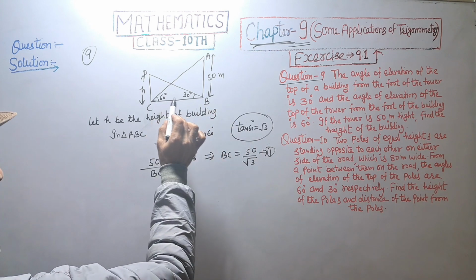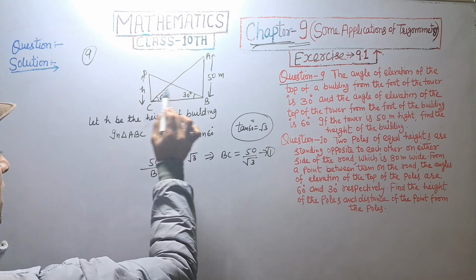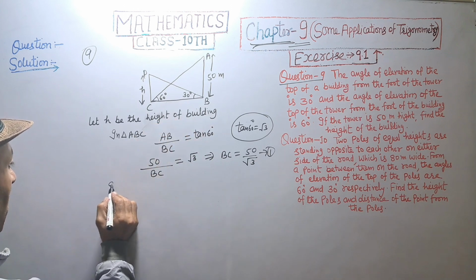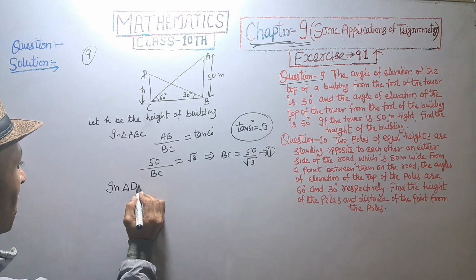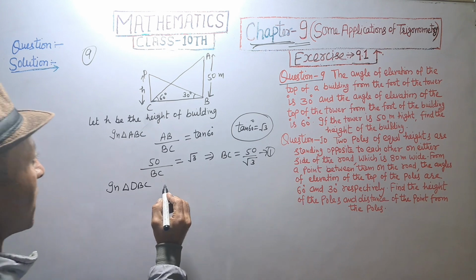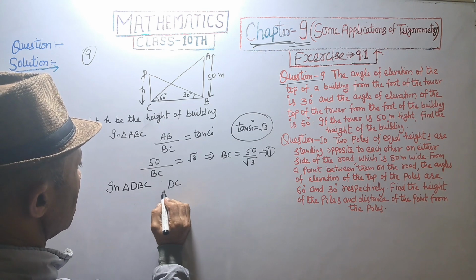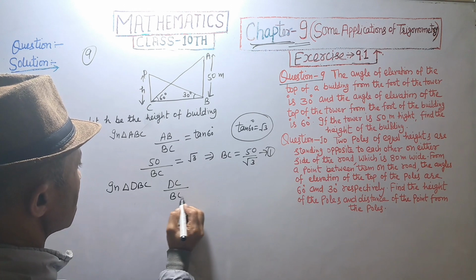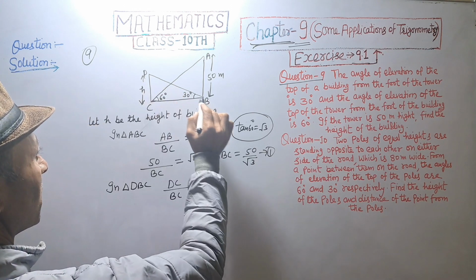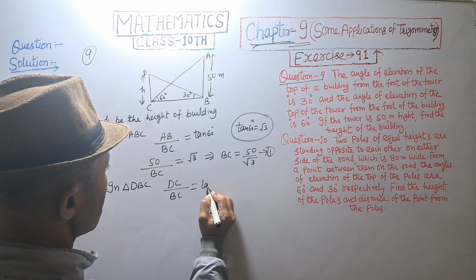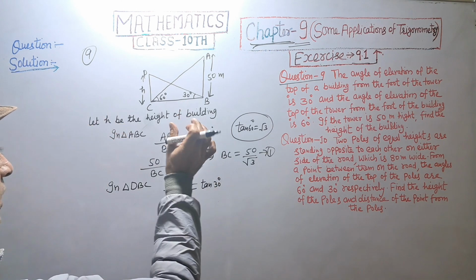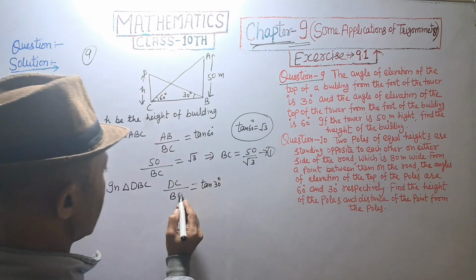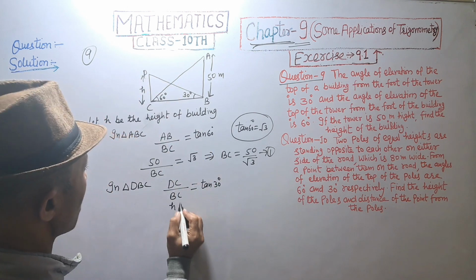And in triangle DBC, DC upon BC is equal to tangent 30 degrees, and DC is H, that is the height of the building.